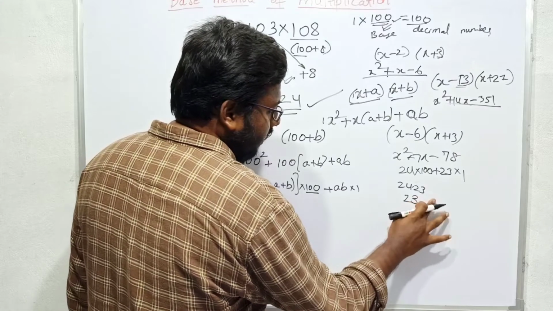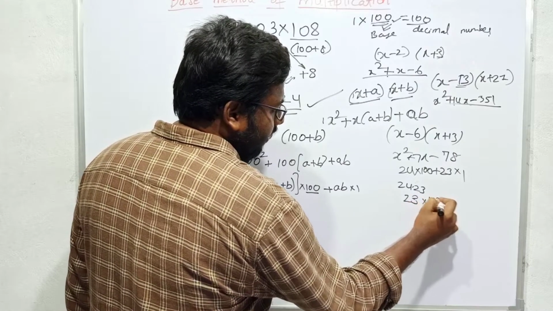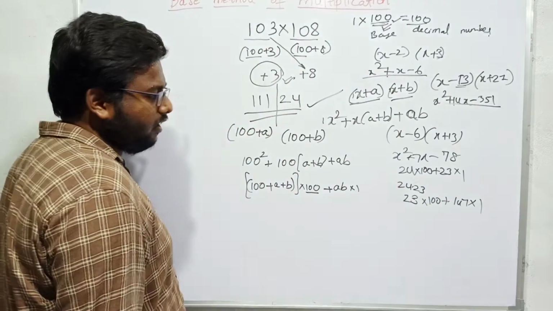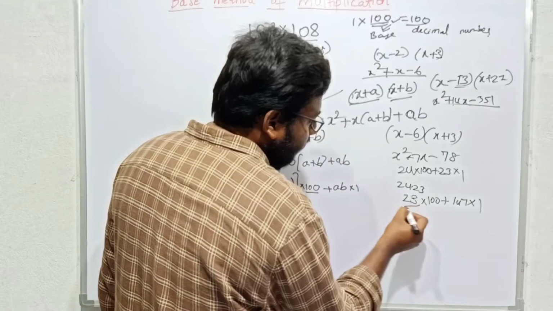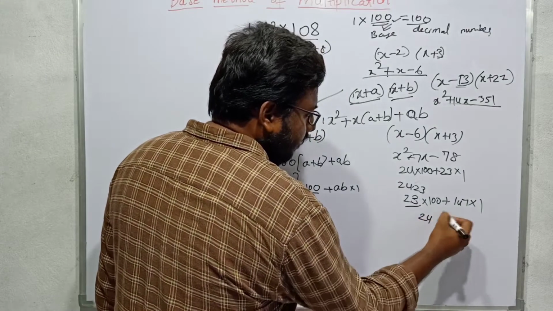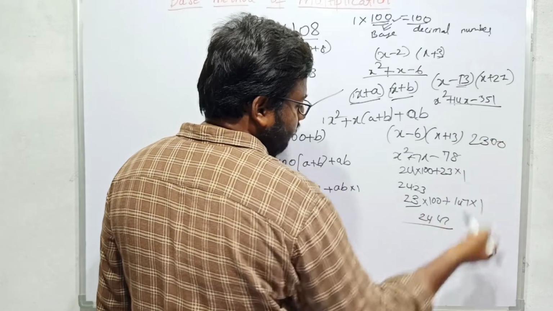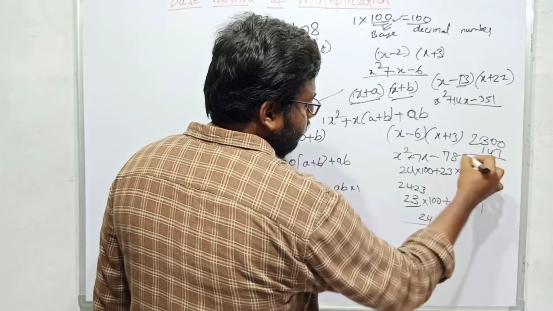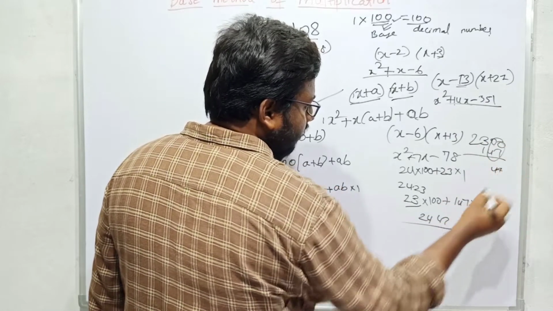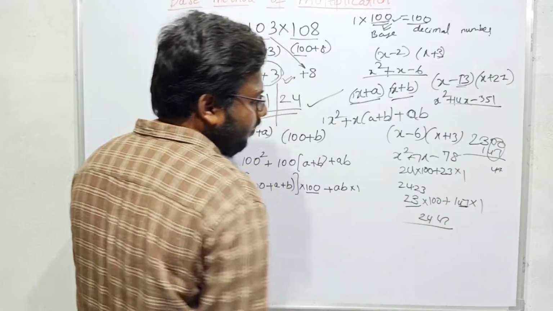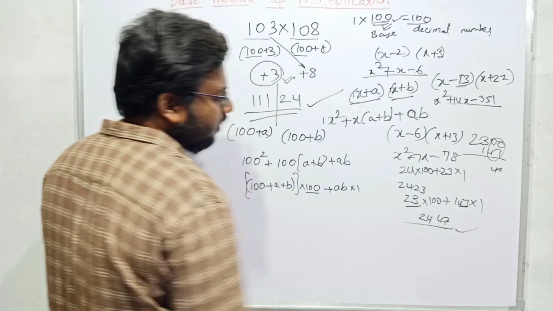For more clarity I will write like this: 23 into 100 plus 147 into 1, that means 147 only. What I can do is, 23 plus 1 will be 24 and 47 as it is. The last two digits won't be disturbed, and 1 will be added to 23 and it will be 24. 2447 will be our result here.